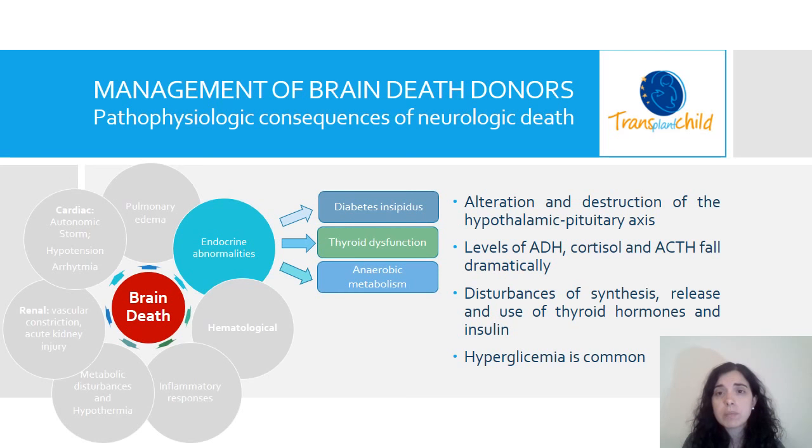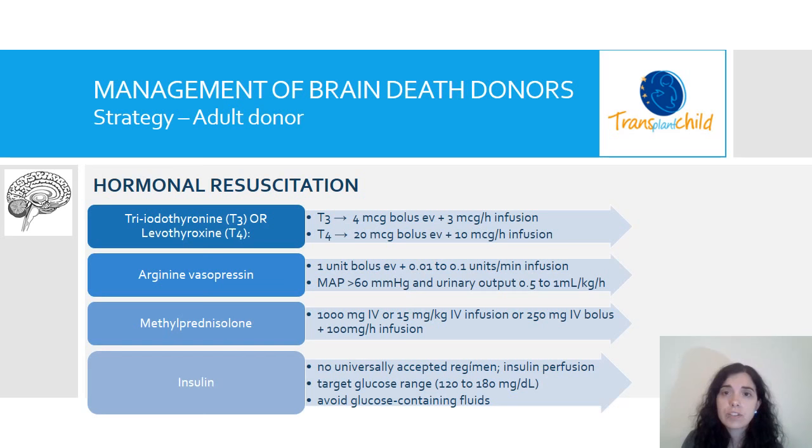Hyperglycemia is common because of decreased insulin concentrations and increased insulin resistance. Early studies suggest that thyroid hormone replacement may increase the number of organs transplanted per donor. However, the benefits of thyroid hormone supplement cannot be confirmed by recent studies.